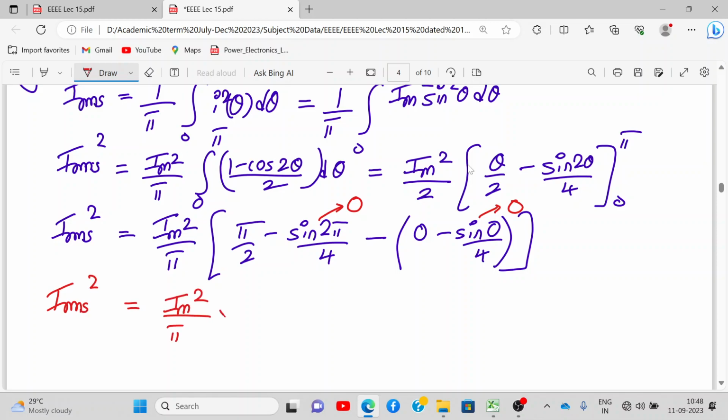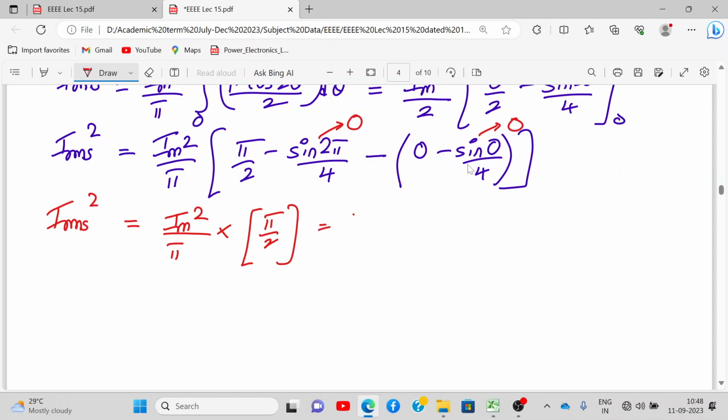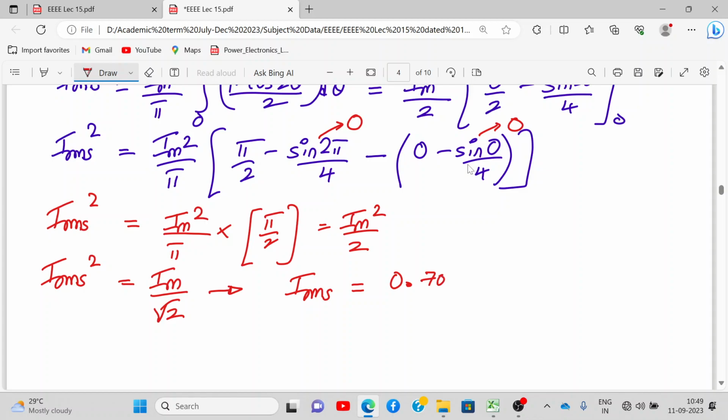Im square by pi into pi by 2, right? So this will be Im square by 2. So I RMS will be Im by root 2. This relation you need to remember. I RMS will be 0.707 times Im.